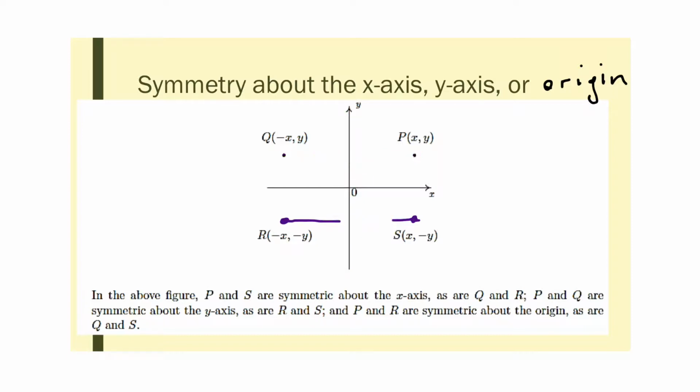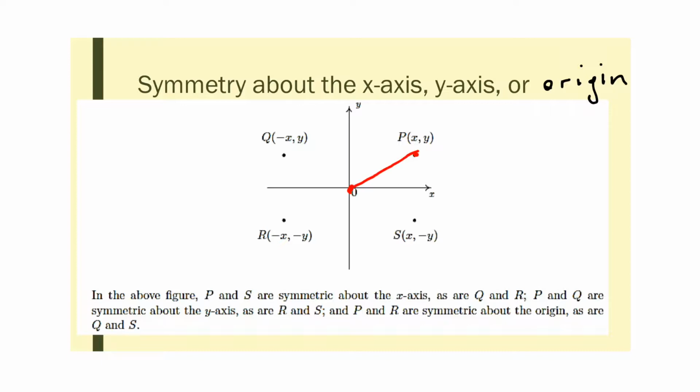All right, one more. So if we're symmetric about the origin, here's the origin. So we're symmetric about a dot. If you're symmetric about a dot, it's a rotational symmetry. Let's take for instance this point here, (x, y).